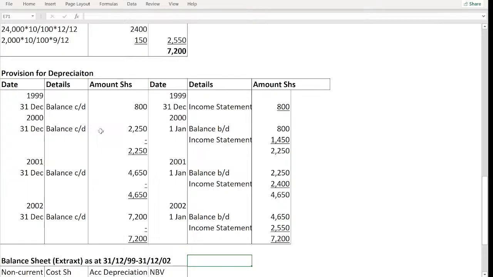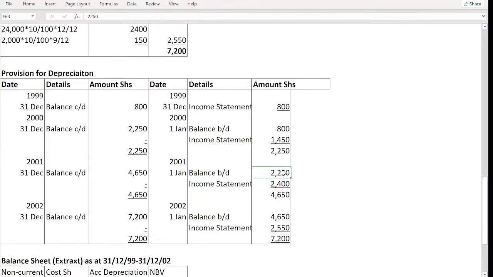Then in 2000, on 1st December, the balance carried down will be 2,250 because on 1st January we brought down the 800. We are going to credit this side. And the income statement, we saw on our calculation for depreciation was 1,450. So when we add both of them, we are going to get 2,250, which is the balance carried down in 2000. So as well in 2001, the balance brought down will be now the 2,250.